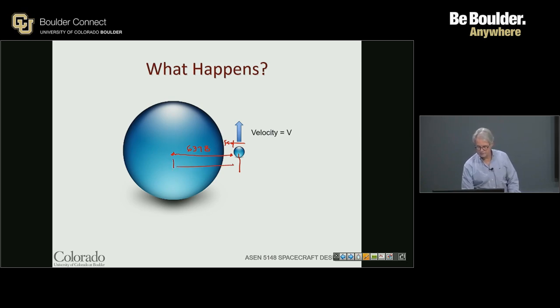Something to keep in mind. As long as we have enough velocity on the spacecraft that perfectly matches its radius and perfectly matches the spherical Earth, then we stay in a circular orbit. Very straightforward.